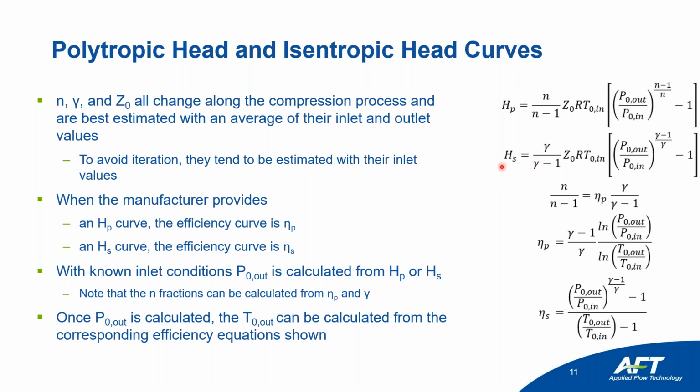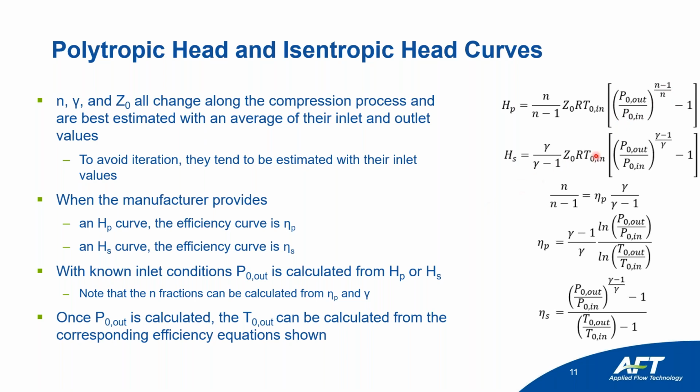The only additional step you have to do for the polytropic is get your polytropic constant or coefficient from your gamma and your polytropic efficiency, which is once again from that efficiency curve from the manufacturer. And you just have to apply this equation to get this ratio, and then you have to apply the inverse of this to get this ratio here. So that's the only difference.